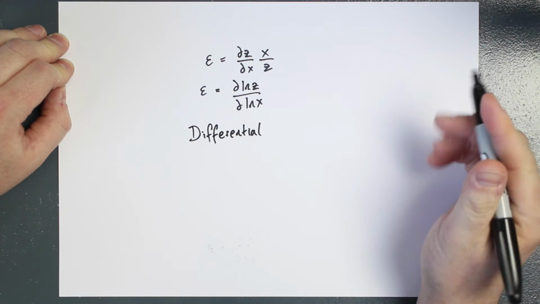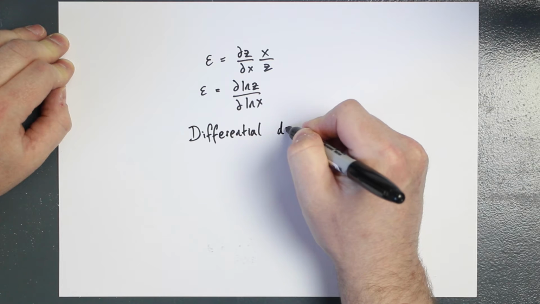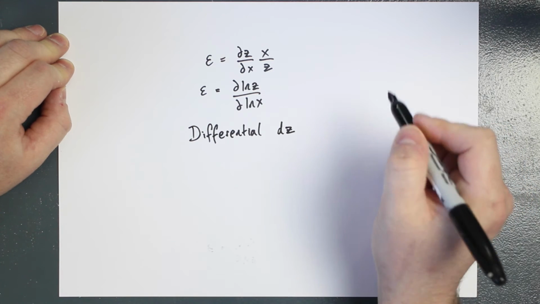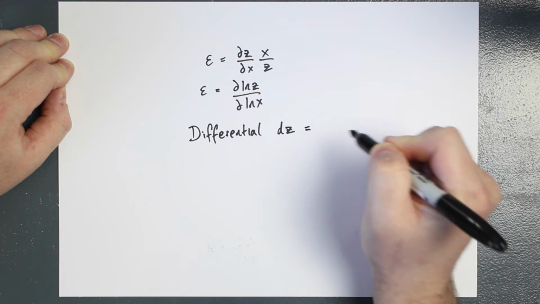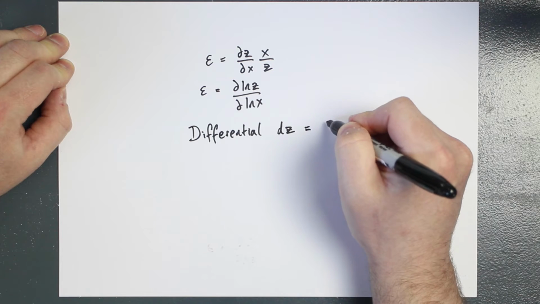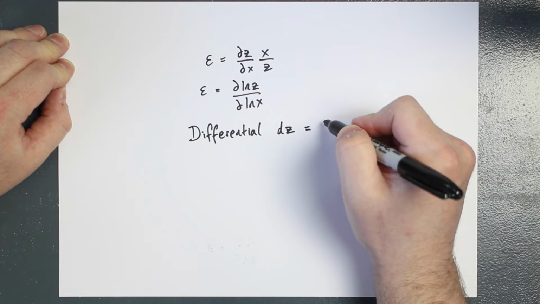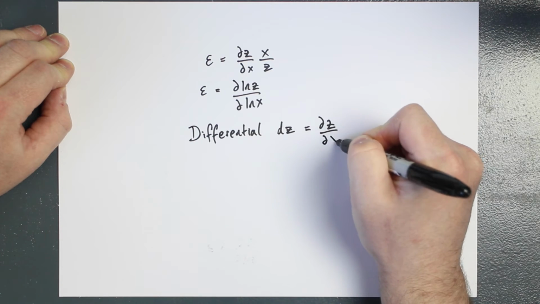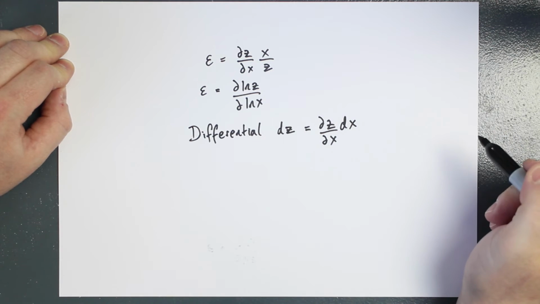And the formula for a differential, essentially we use a d to denote the change in z, and then the formula is that the change in z is equal to how much does x change z, or that would be the partial derivative of z with respect to x, multiplied by how much x changes.